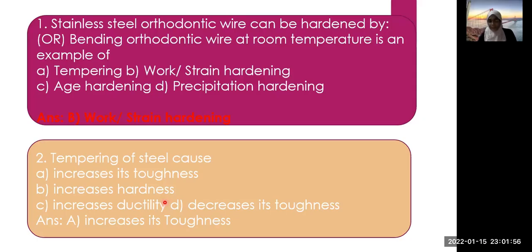Next, second question: tempering of steel. What happens when you temper the steel? Tempering is a stage where the metal is undergoing plastic deformation. The reversal of that is annealing. So here in tempering you are plastically deforming the metal. So what happens when you deform?